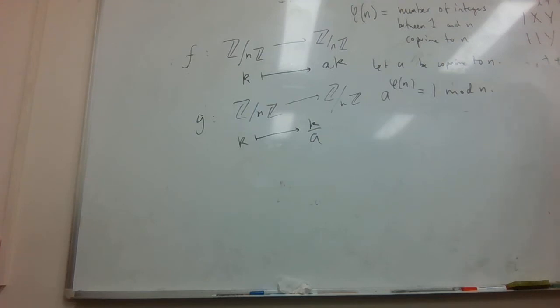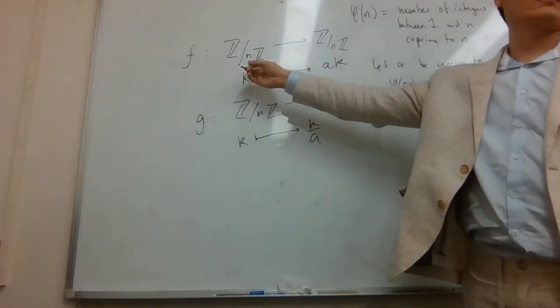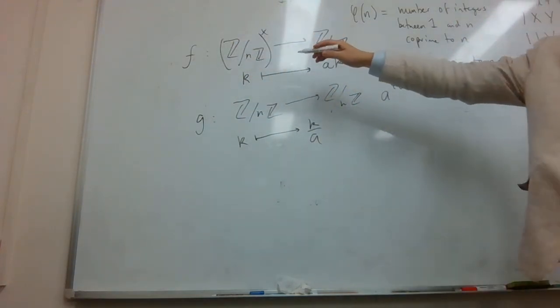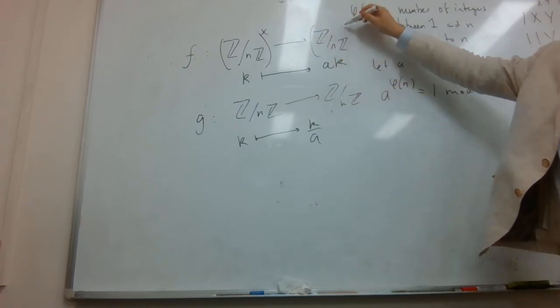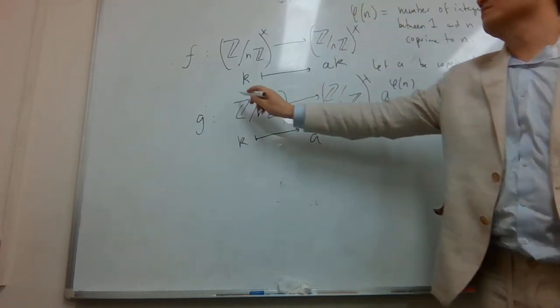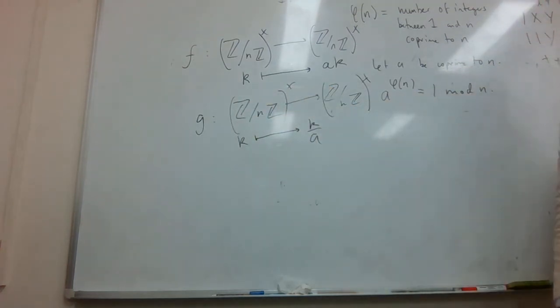Okay, so if I restricted myself, instead of looking at all the things mod n, I just did the ones which had inverses mod n. Let me call it with a cross. Can you see this is still a bijection?